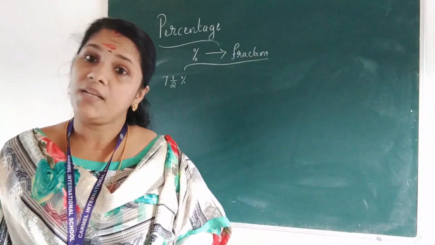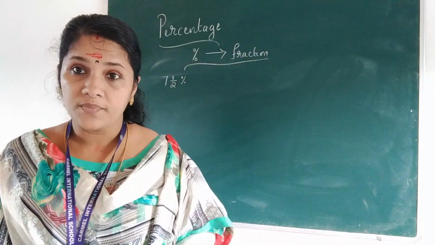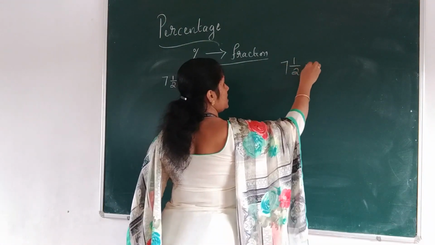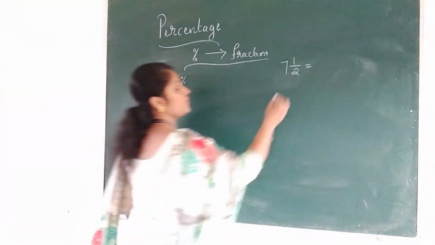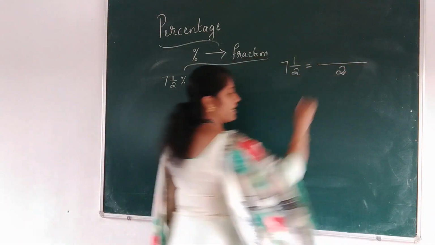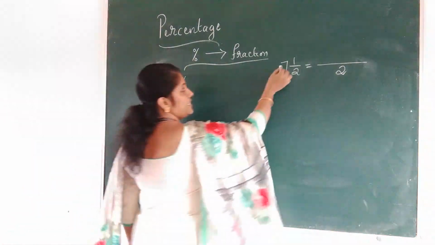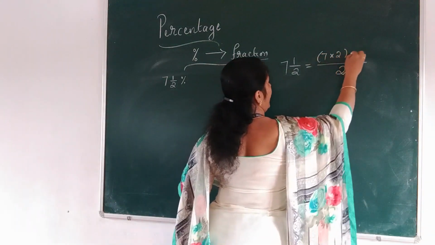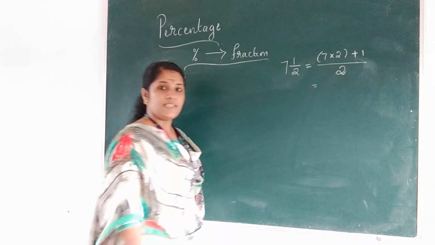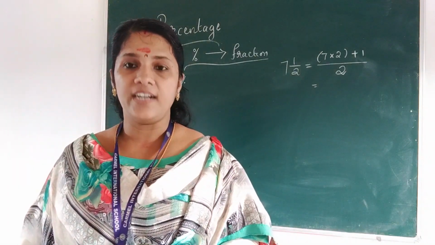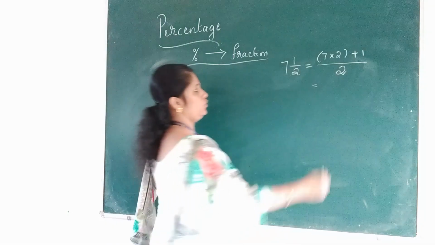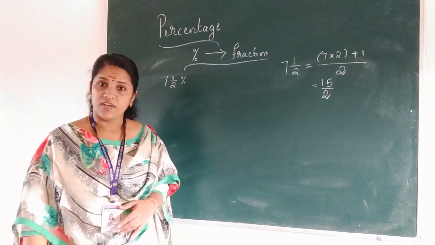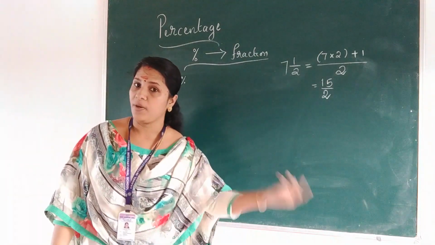So how can we convert the mixed form into improper form? 7 1 by 2: the denominator remains the same, 2 itself, and 7 into 2 plus 1 is 14 plus 1, 15. So it is 15 by 2. So we converted the mixed number into improper form.